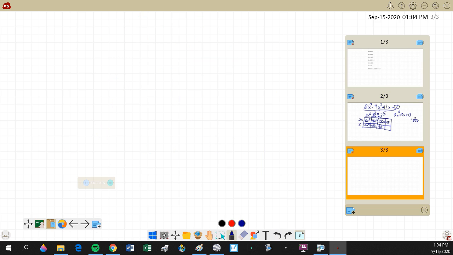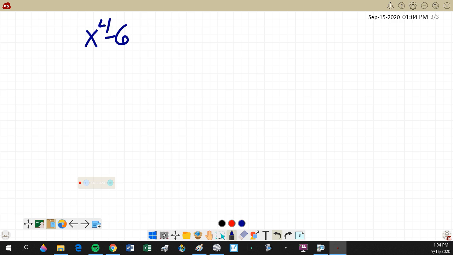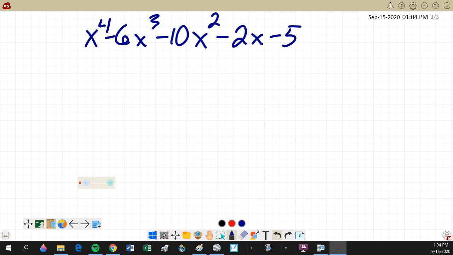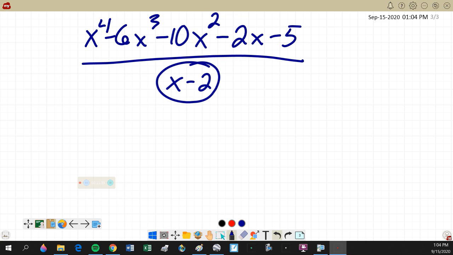So let's say I had this, and I wanted to divide it by something like x minus 2. If this has a root that is an integer, not a fraction, but a positive or a negative whole number, then we can do something called synthetic division.